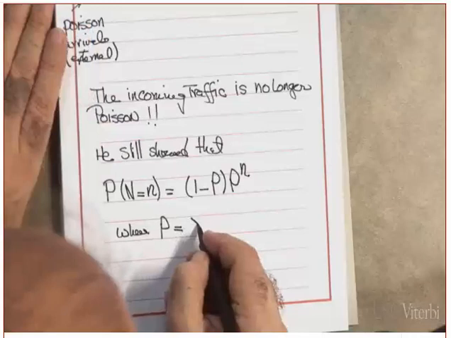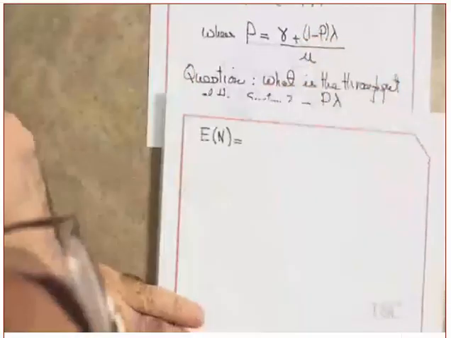It's P lambda 1 divided by mu 2. Clear? What is the throughput of this system? 1 minus P times lambda 1. Did you get this or not?